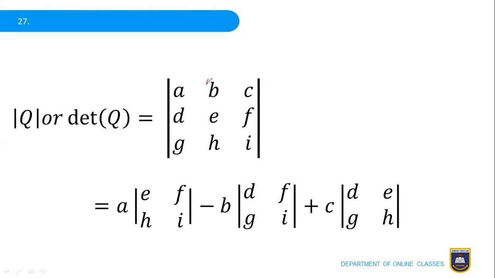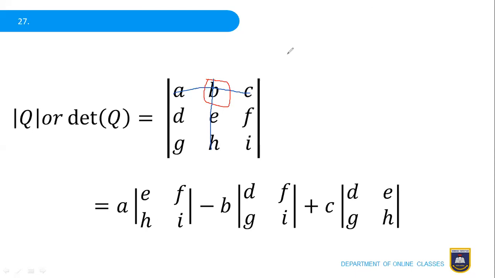Since B is in the first row, I'll cancel the whole of the first row. Again, it is in the second column, so I will remove the whole of the second column. Now we are left with D, F, G, I. That gives me the cofactors of B.